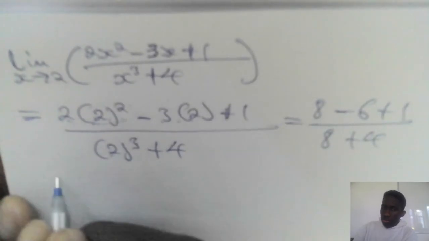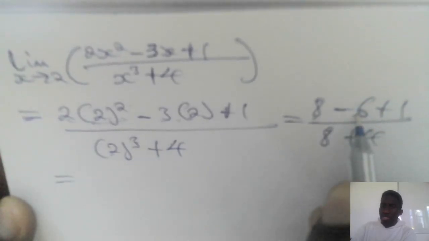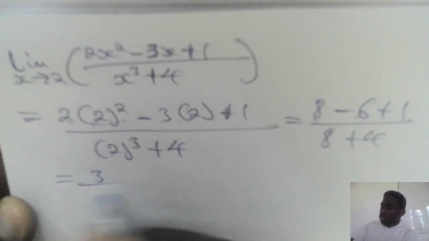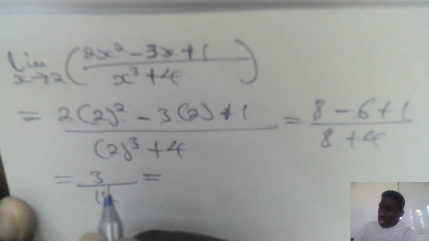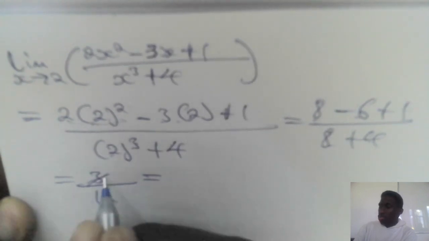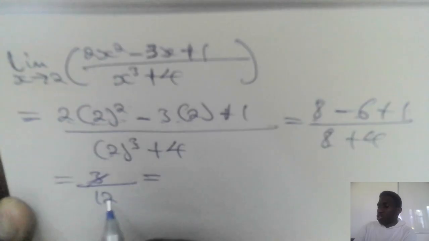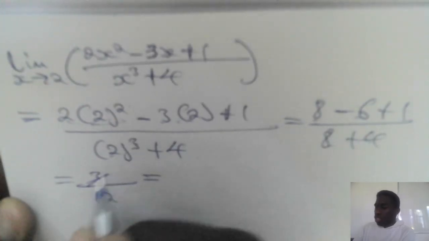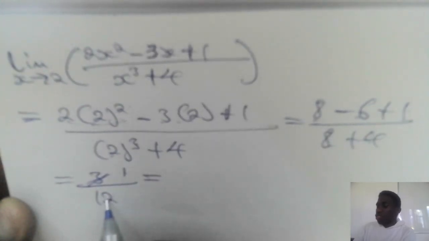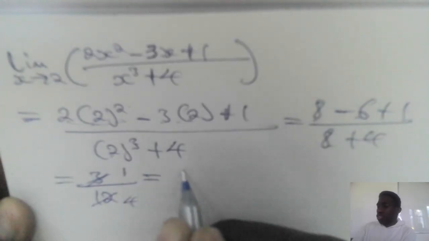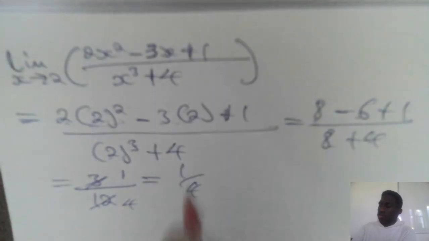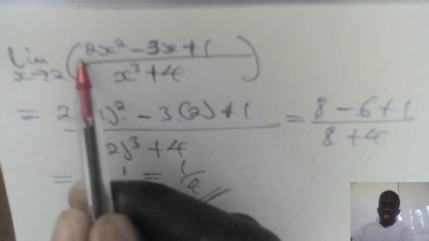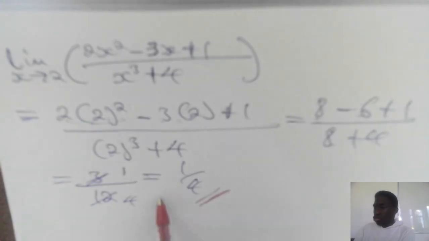So our answer is 8 minus 6, that's 2, plus 1, 3, divided by 8 plus 4, that's 12. 3 over 12 is the same thing as, because 3 can divide both the numerator and denominator, 3 divided by 3 is 1, and 12 divided by 3 is 4. So this is 1 over 4, and that is the final answer here. So the limit of this function here is equal to 1 over 4.